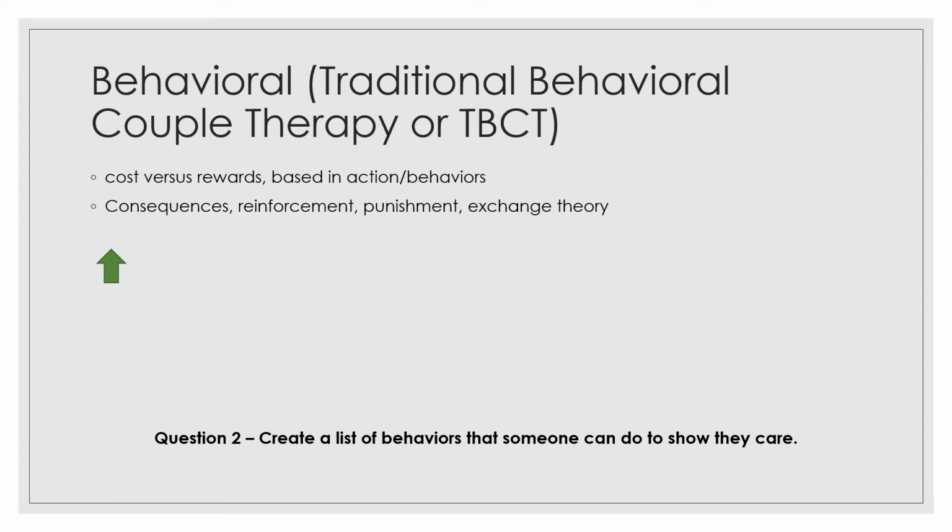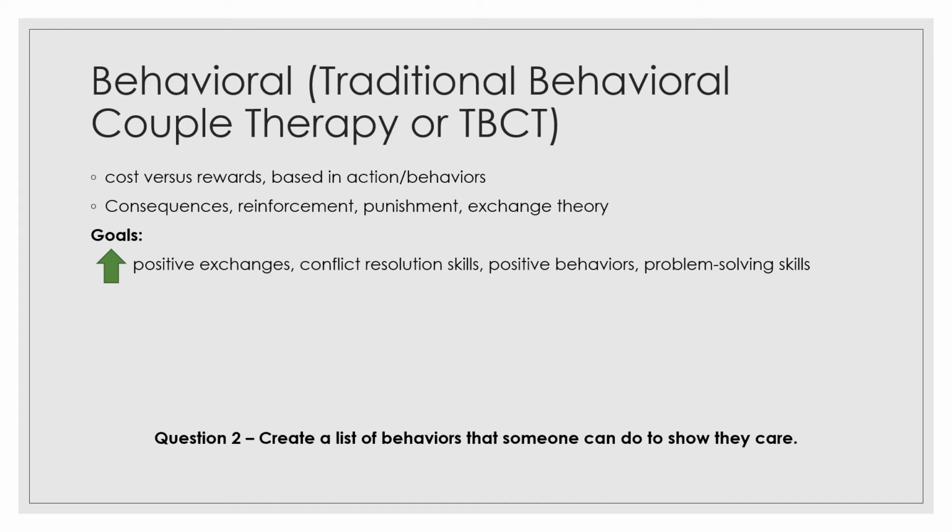So we're talking consequences, reinforcement, punishment, exchange theory. So really looking at changing out certain behaviors. Our goals include increasing the number of positive exchanges, increasing our conflict resolution skills, increasing positive behaviors, and increasing problem solving skills.